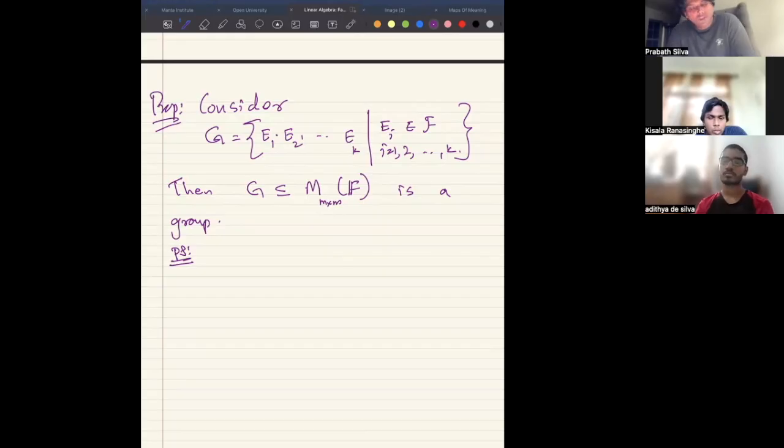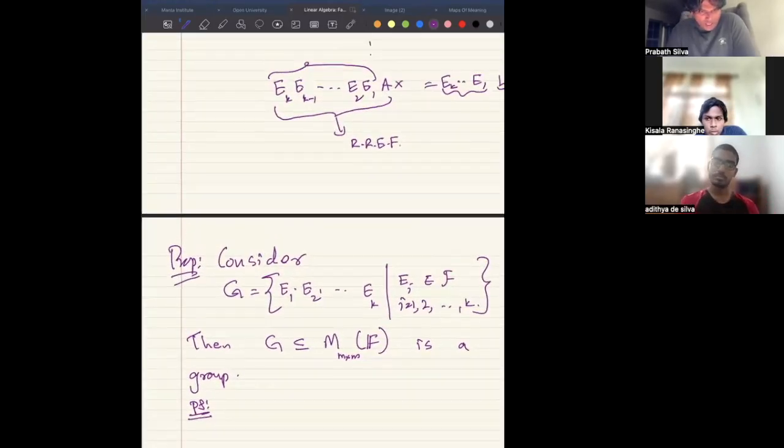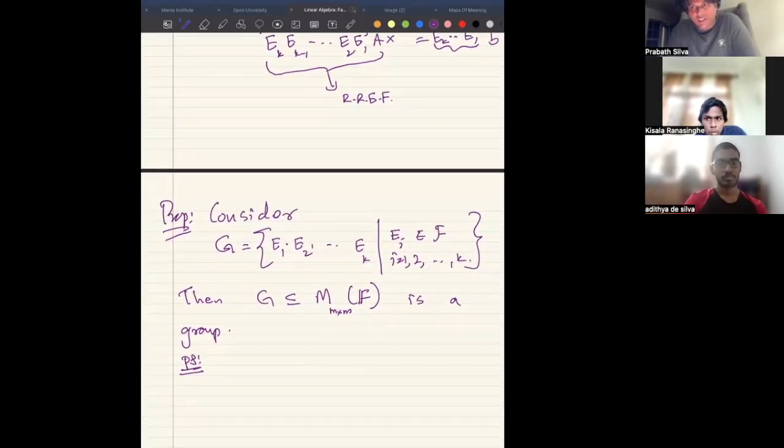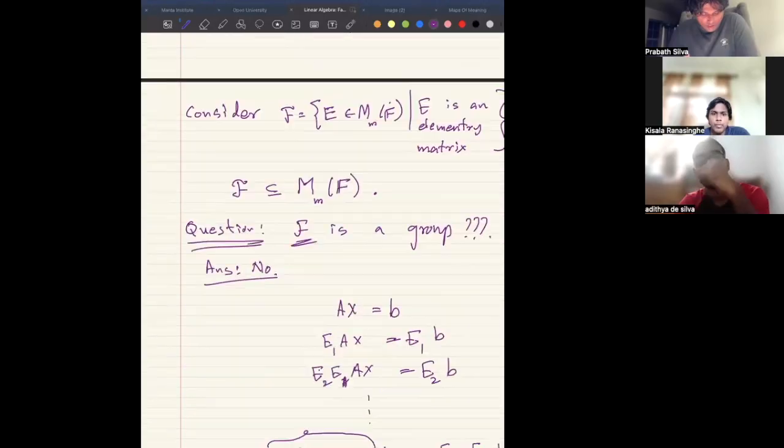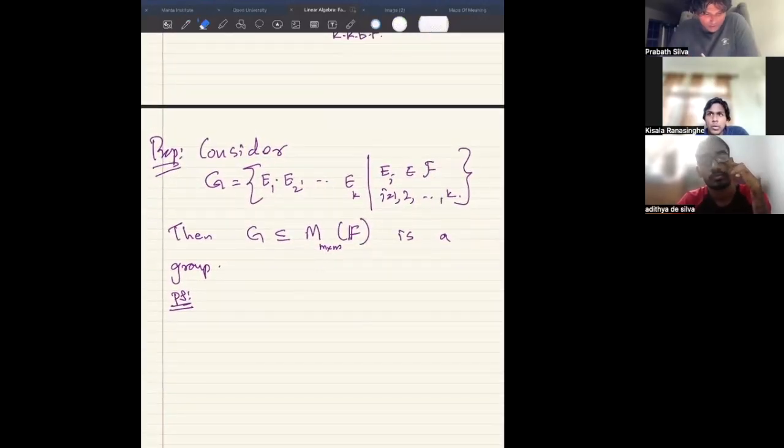So can I leave this as an exercise? I'll leave this as an exercise, but I'll tell you the idea. Okay, so this is exercise 7.